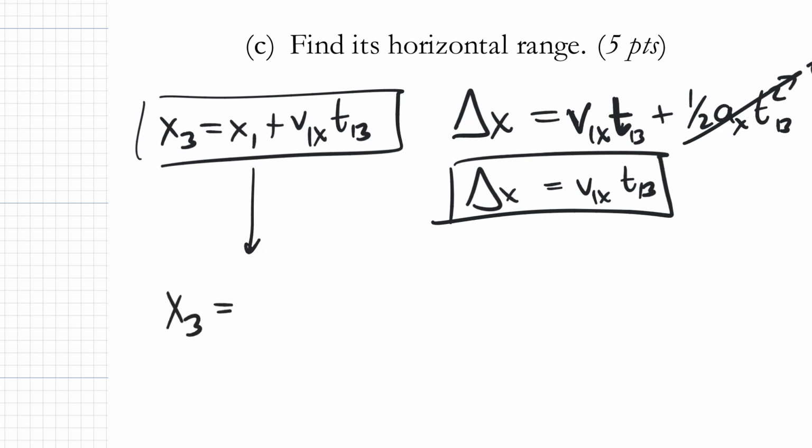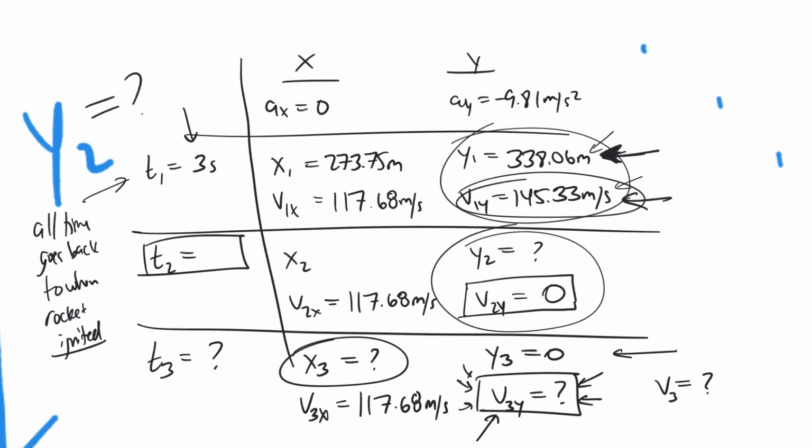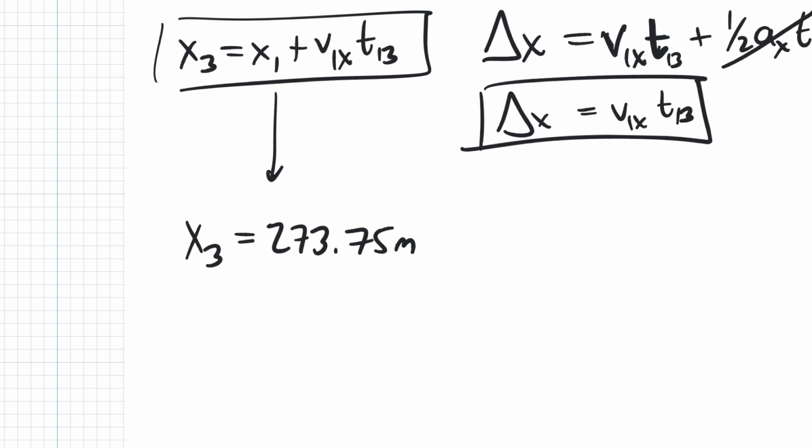So x3 equals, let's see, at the beginning of the projectile phase, x1 was 273.75 meters. Let's go up here and confirm that. Yeah, 273.75, right? And the speed through that entire phase of the projectile is 117.68 meters per second.